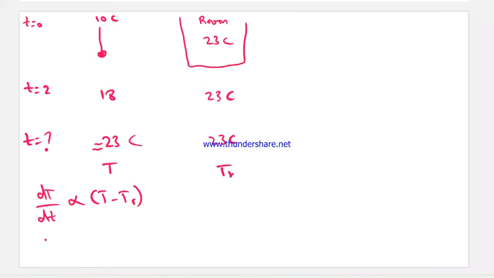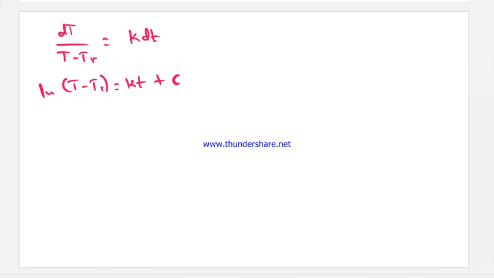So that's the physical law, and to express it mathematically, we have dT/dt is equal to k(T minus Tr), where k is our proportionality constant. So we have dT over (T minus Tr) equals k dt. And when we integrate this, we have ln(T minus Tr) equals kt plus c.